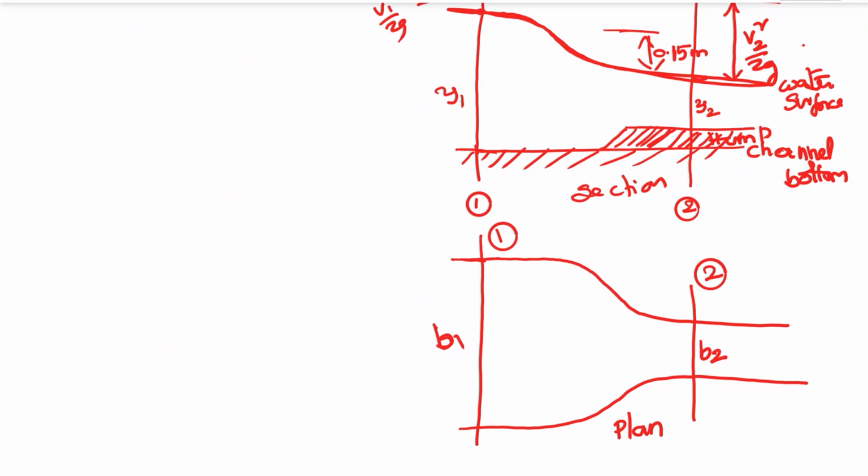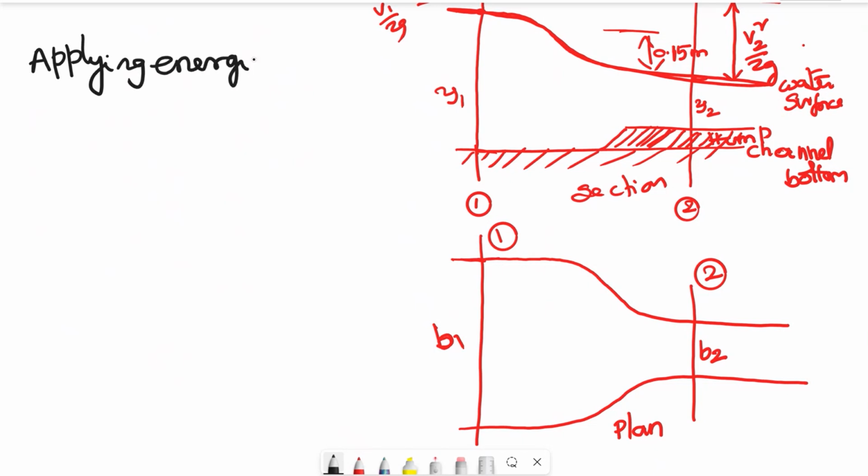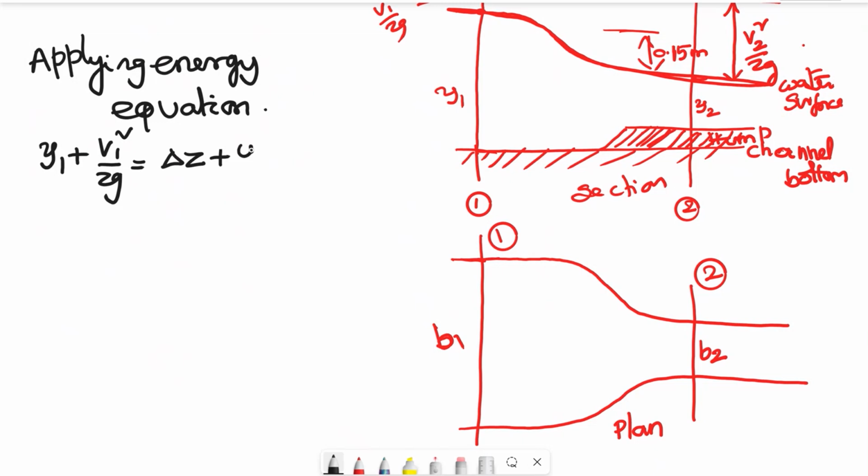So now if I apply the energy equation, what I will write is y1 plus v1 squared by 2g is equal to delta z plus y2 plus v2 squared by 2g.